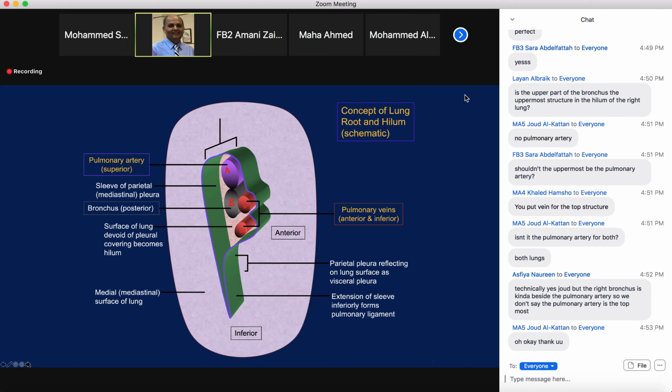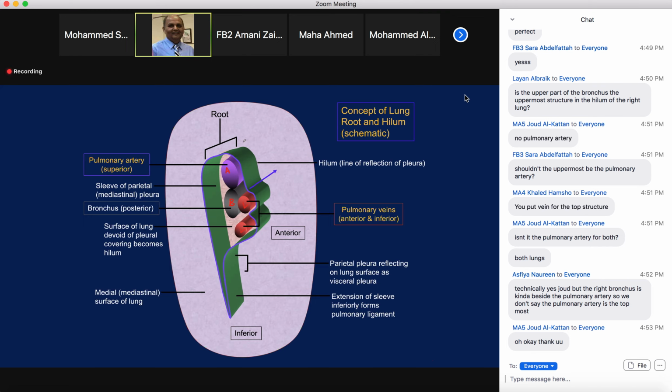Now this upper part we call the root of the lung. So this is the root of the lung, and this is the hilum of the lung. What is the root? The structures that are entering. What is the hilum? The door, the gateway. So the line of reflection of the pleura, and the structures are going from outside into the lung.